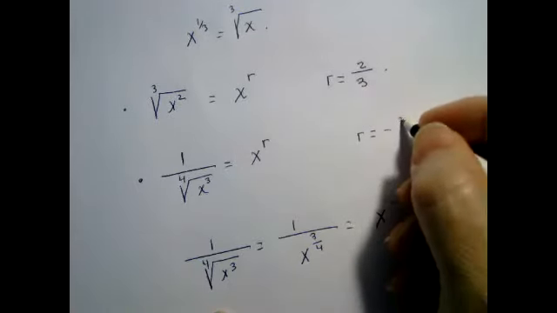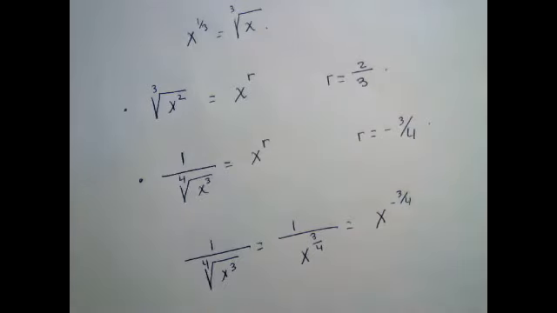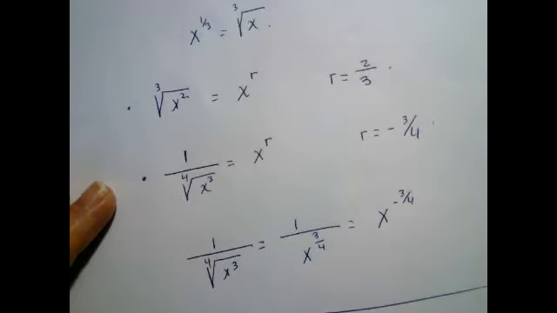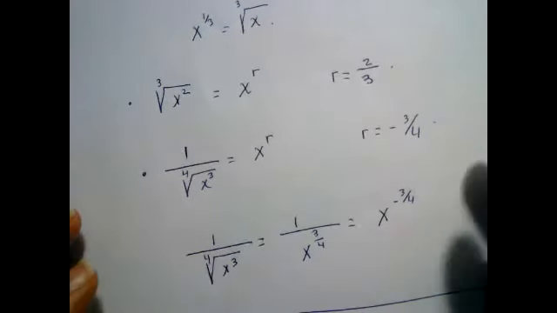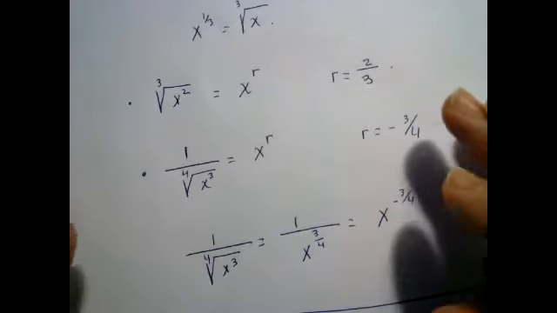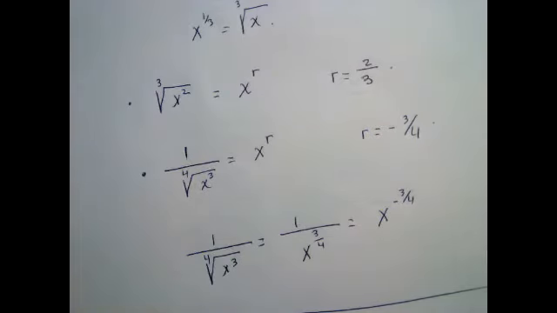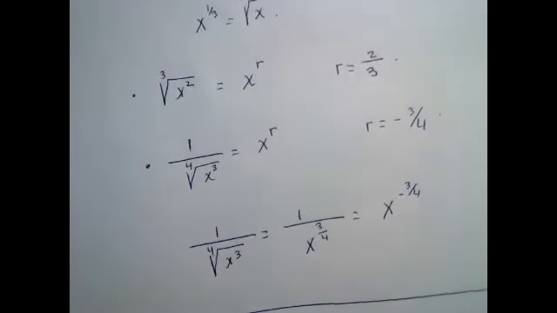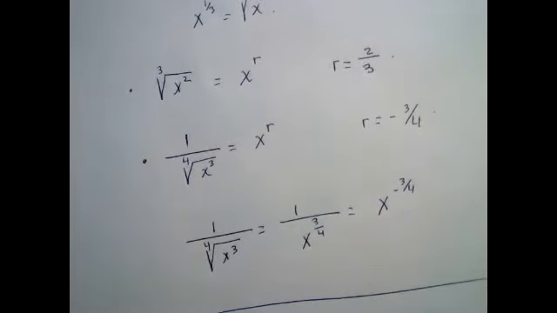So r here is minus 3/4, right? Okay, so please go over those problems by yourself again at home till slowly you internalize those exponents. For those who will do calculus, I don't know who among you will do calculus, this will be extremely important. You will not be able to do it without knowing those kinds of exponents.